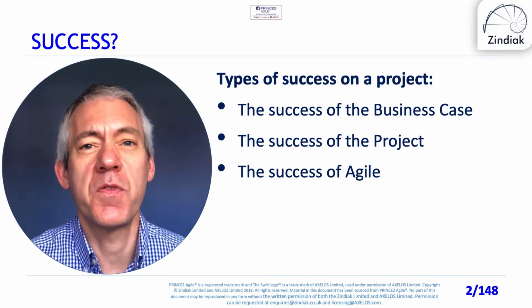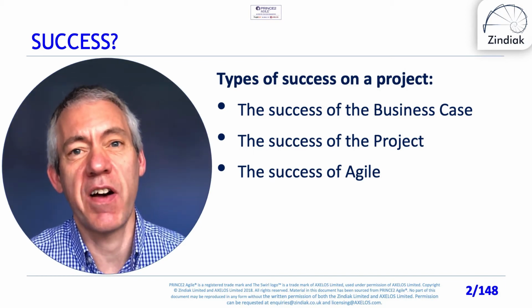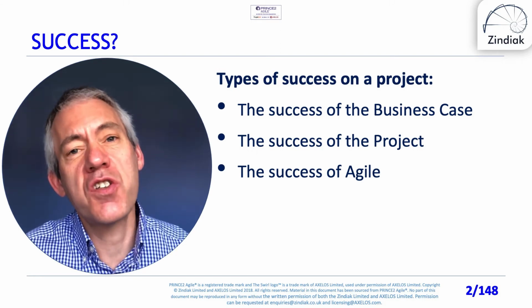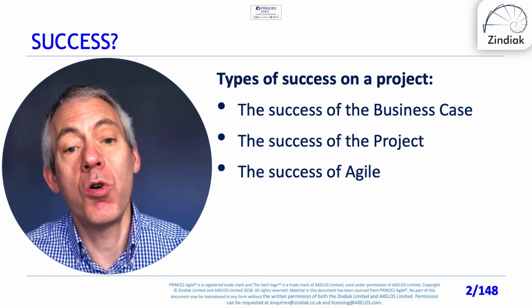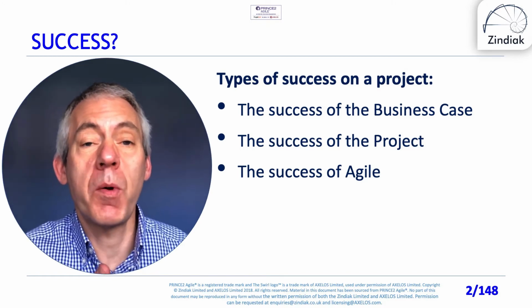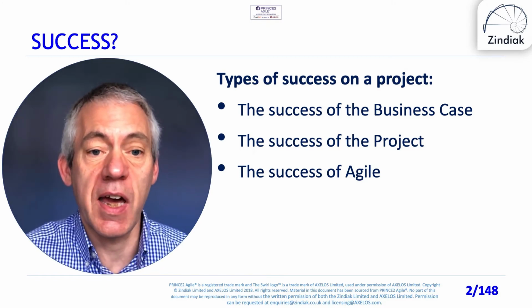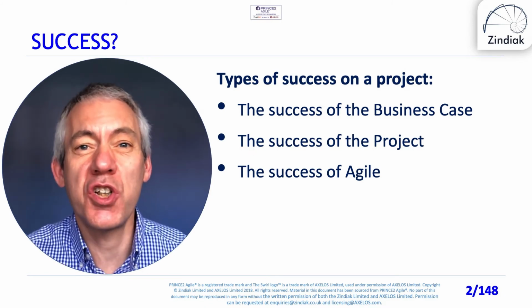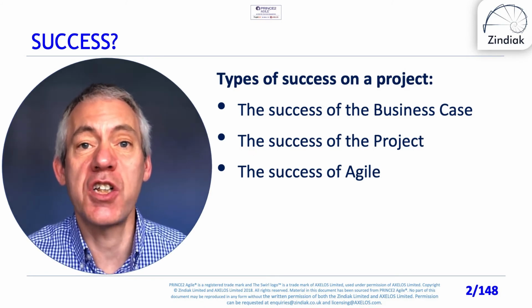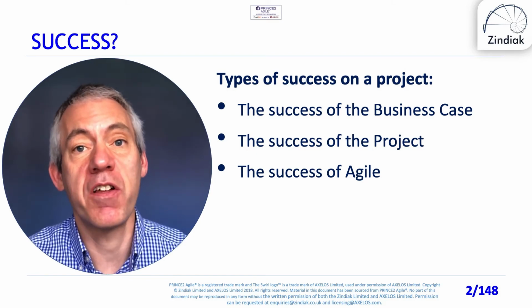The third type of success is the success of Agile. And that's really about, was the project more successful, both from a point of view of delivering the business case and being well managed, because we chose to use Agile as our delivery methodology.